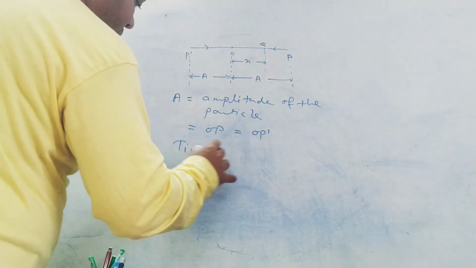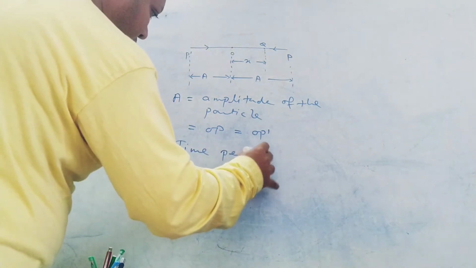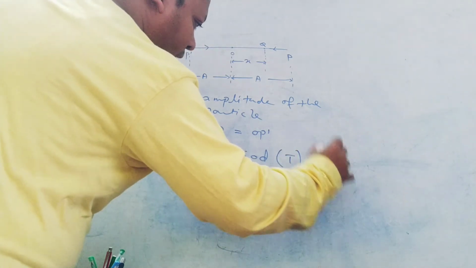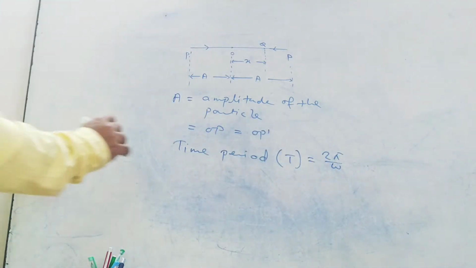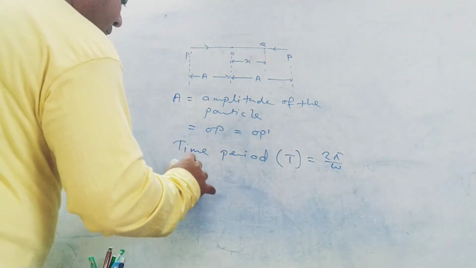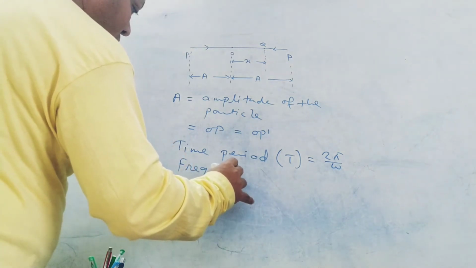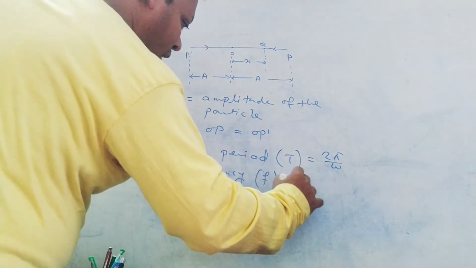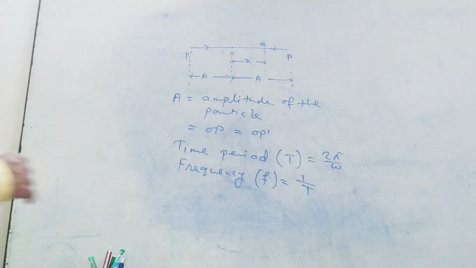Therefore time period capital T is equal to 2 pi by omega, and frequency F is equal to 1 by T, that is reciprocal of the time period.